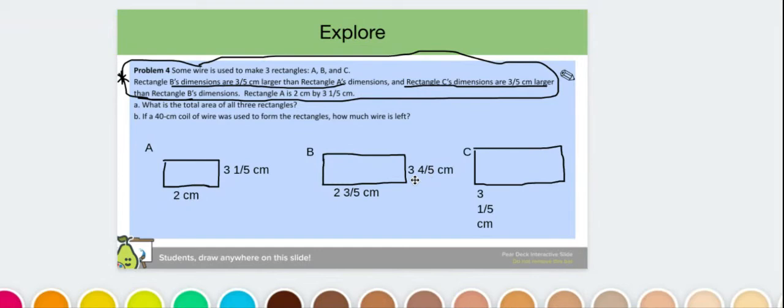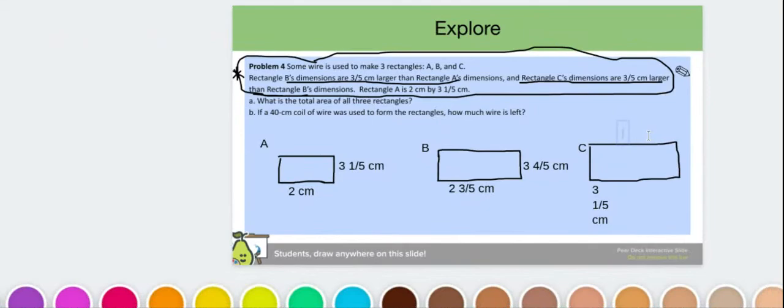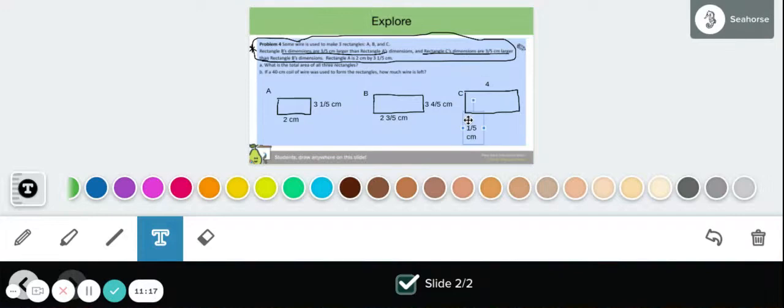So 3 and 4/5 plus 3/5 gives us 4 and 2/5. So I'm just going to type that here, but I'm going to move it. Don't think that that's where I'm labeling it. So it's 4 2/5 centimeters. Okay, and I'm just going to slide that right over here because that represents our width.